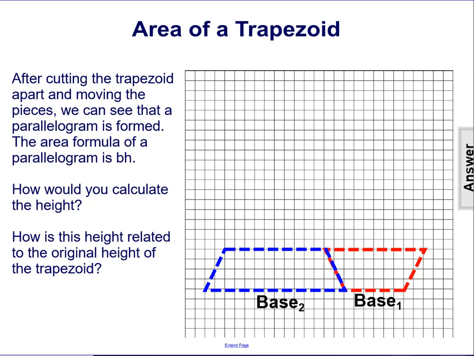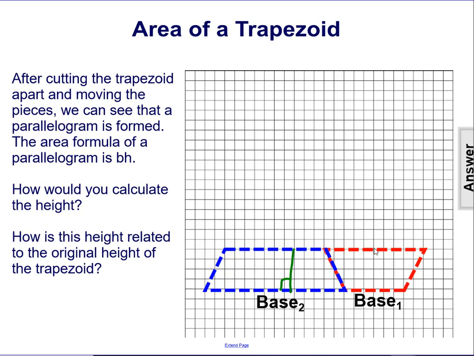Now, how would we calculate the height of this parallelogram? We just draw a line perpendicular, coming 90 degrees from the base. So I draw my line, and that is my height. How is this height related to the original height of the trapezoid?